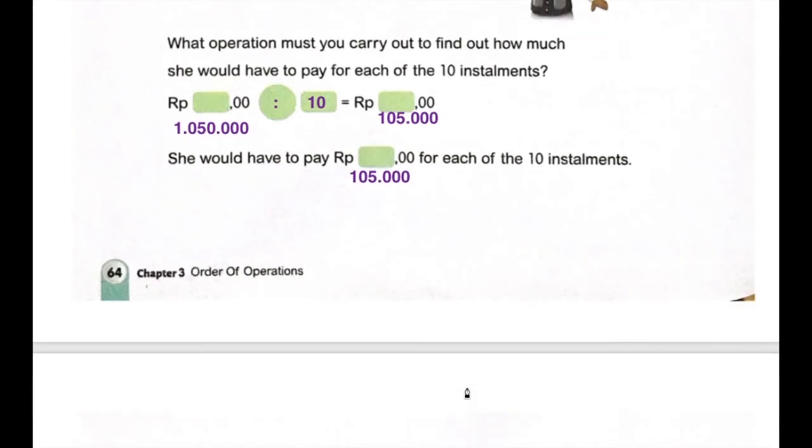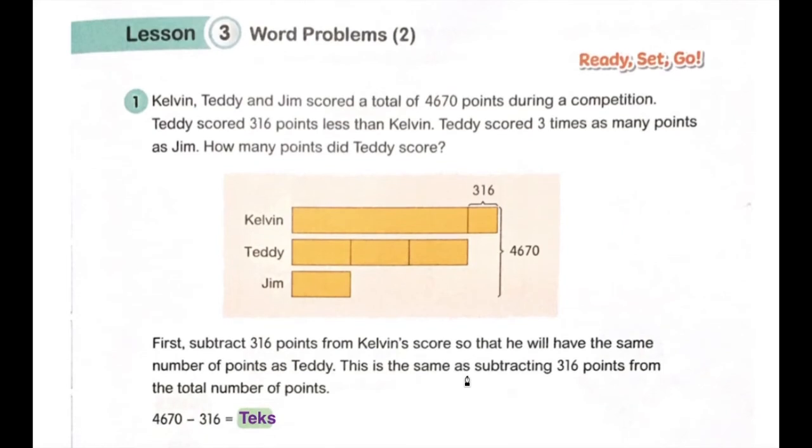I forgot. Okay, next. Again, Kelvin, Teddy, and Jim scored a total of 4,670 points during a competition. Jadi 3 orang ini jumlah totalnya segini. Teddy scored 316 points less than Kelvin. Berarti Teddy lebih sedikit.